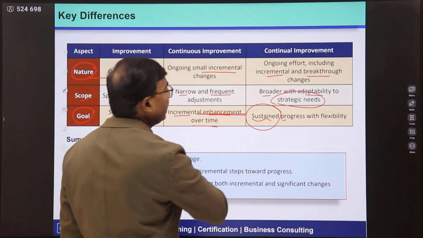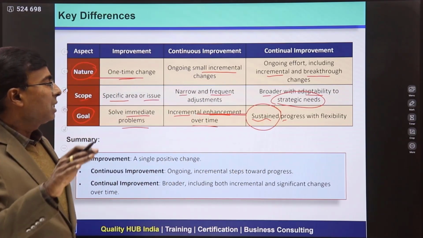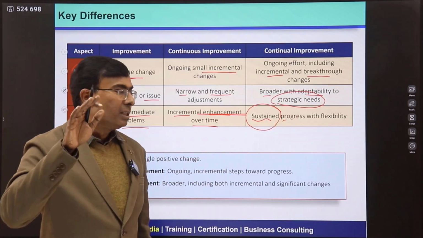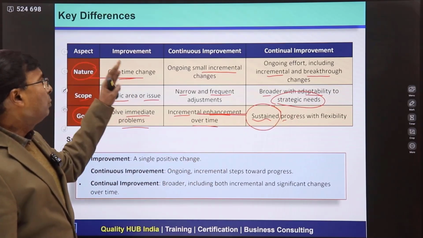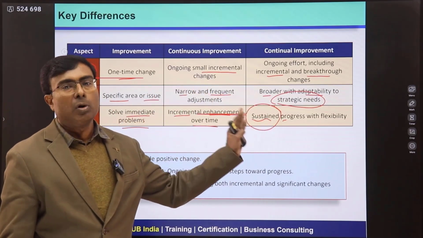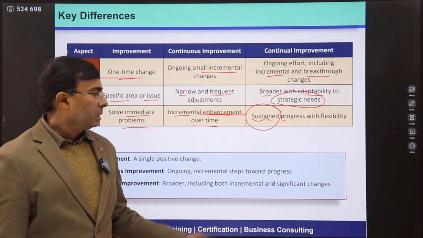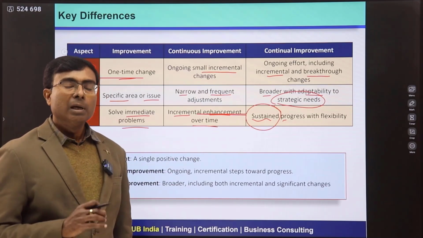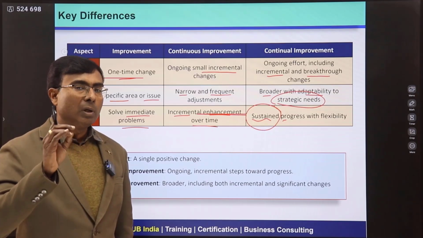So the emphasis over here is sustained. We are going to sustain the improvement and we are going to have flexibility. That's the important thing. We need to have improvement and we need to have sustained improvement also. I hope, friends, with this video module, you have learned the key difference between improvement, continuous improvement and continual improvement.